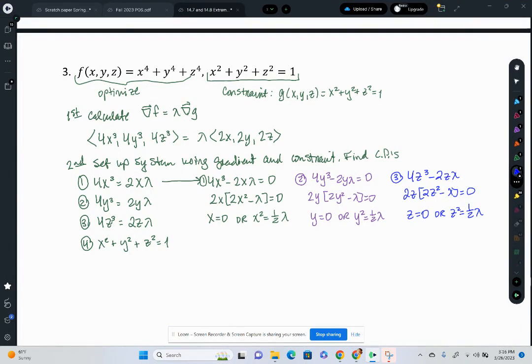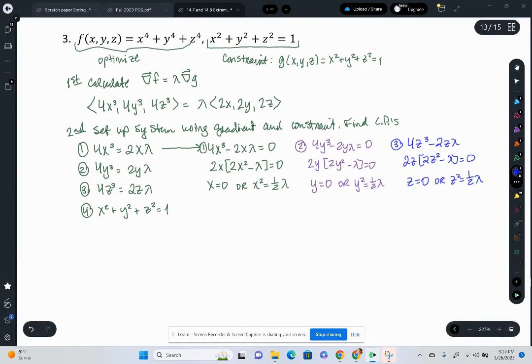Okay, at this point it might be confusing. It's like, what do I do with this? I have all these things here. So we have a few things to consider. And maybe we should write these out. We have 4 cases to consider.